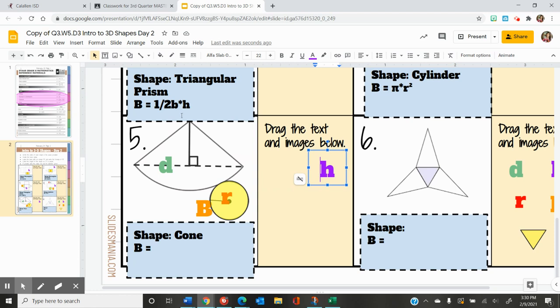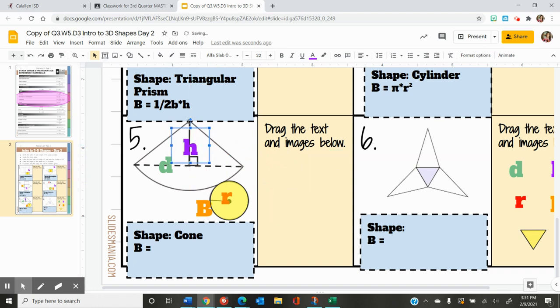Now when it comes to my height, looking at my cone, whenever I fold this net, the height of my cone is going to be right here. This tells me that from this peak, it goes straight down and it forms a 90-degree angle here. And this is my height, this line going straight up and down.